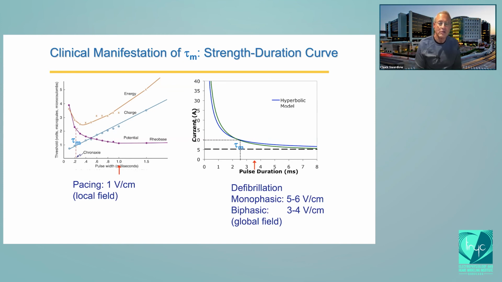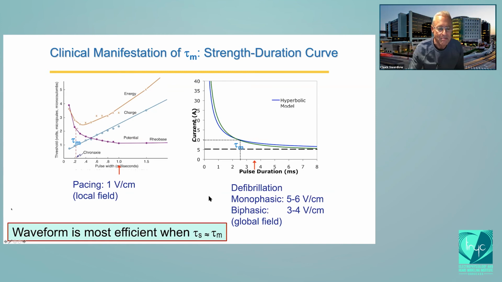And as Dr. Efimov probably told you, if there's any place in the ventricle where you don't reach that field strength, then fibrillation will continue. On the other hand, in pacing, all you have to do is excite local tissue for a square millimeter at the tip of the pacing catheter, and then the heart's propagated impulses will do the rest.